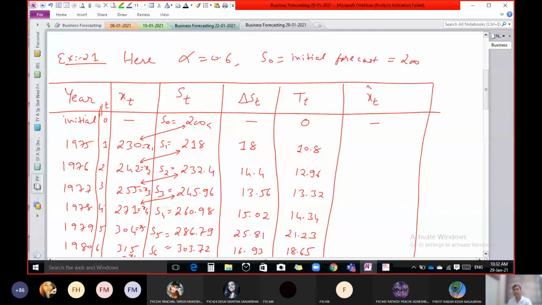And the last one, that is X_t cap. To calculate X_t cap, first of all, let us calculate (1 minus alpha) upon alpha.